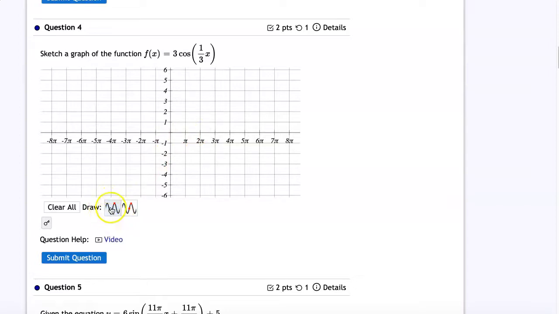So I'm going to go ahead and use the lowest point and the highest point. Recall that my lowest point was at 3 pi, negative 3. And then my highest point, remember, was back here at 0, 3. So then that ends up being my graph.